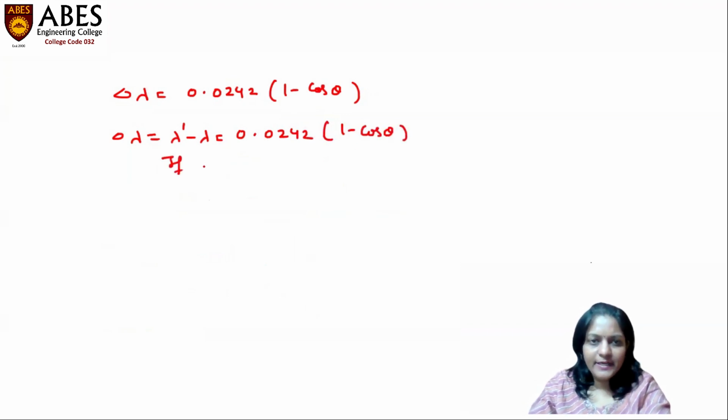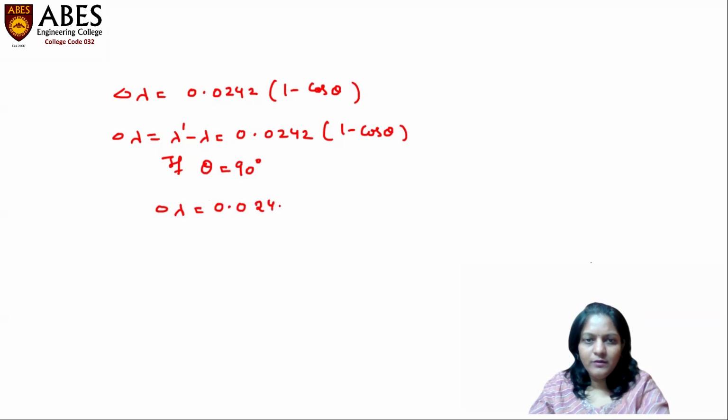If the angle of scattering of the photon is 90 degrees, then the Compton shift is called one Compton shift. The change in the wavelength will be 0.0242 angstrom.